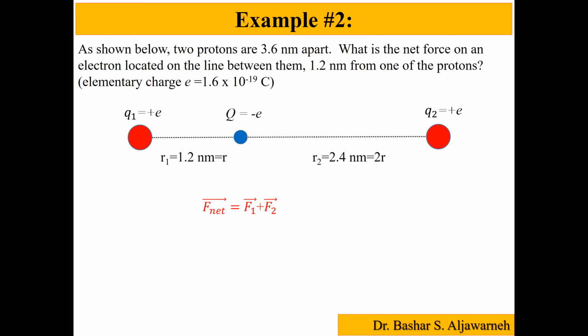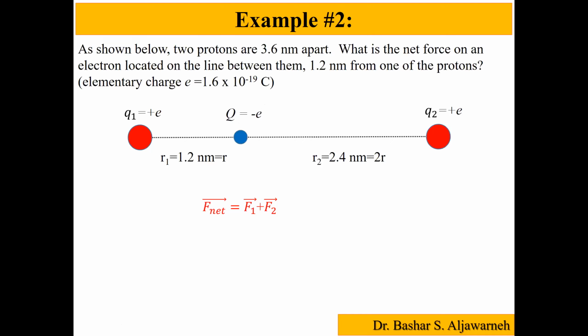The electric force acting on this charge is coming from the electric force from Q1 plus the electric force from Q2. So let me call it F net, or F acting on this charge, equals F1 plus F2.